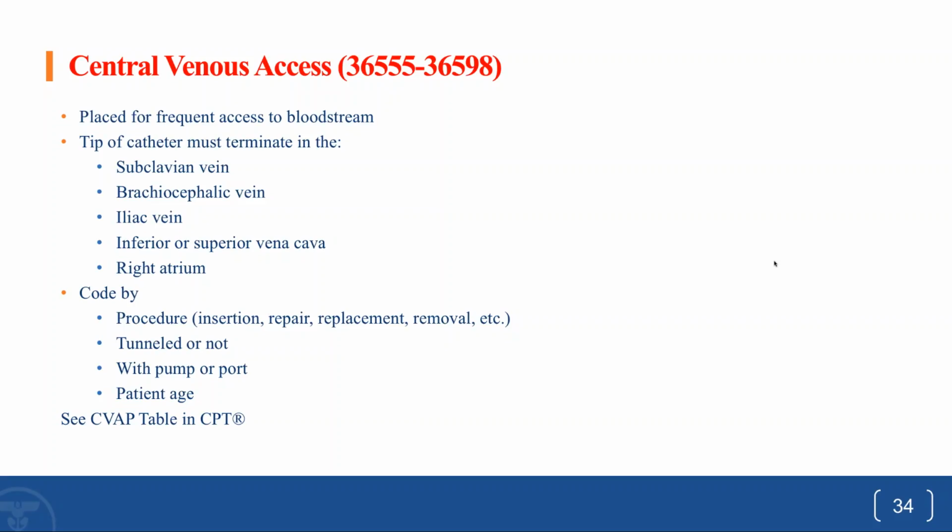Now, when you are coding, there's a couple of steps to code the central venous access procedures. The first one is you need to know what procedure you're getting ready to do. That's first, from the black line, so you know what section you need to be in. Usually they'll talk about insertion, so let's just stay in the top half of the page.